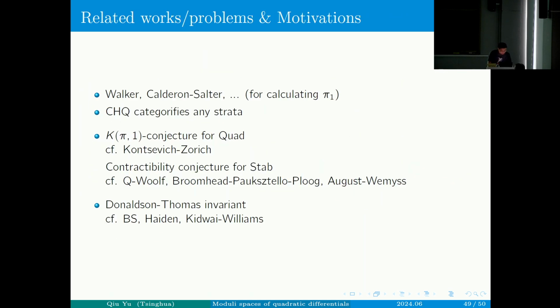I think this hexagon relation corresponds to some quantum dilogarithm identity, and it also corresponds to some wall crossing phenomena. So that's in the very recent work of Kidwai and Williams. Basically in the Bridgeland-Smith story, they also studied this Donaldson-Thompson invariant. So in that case, you can use Bridgeland stability condition to write the DT invariant as a product of quantum dilogarithms.